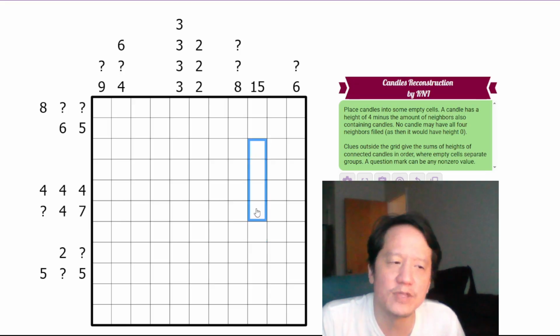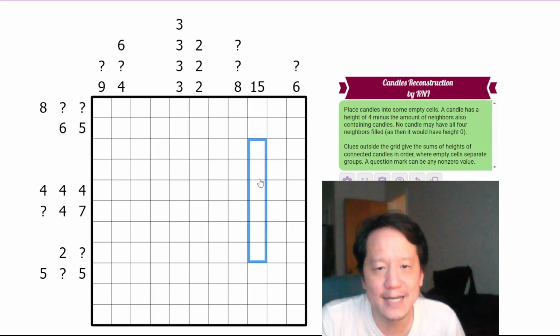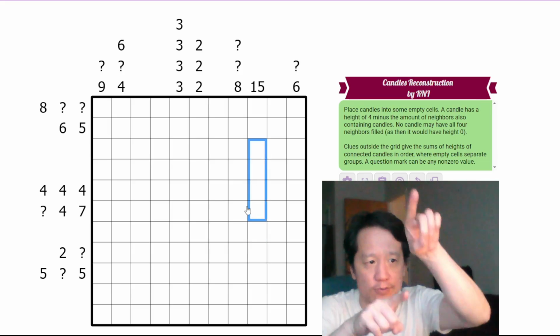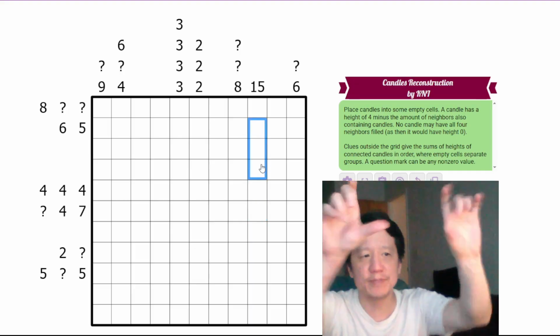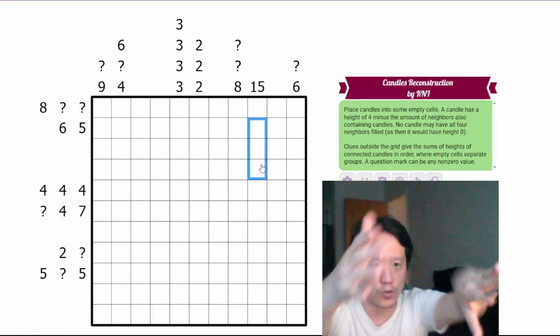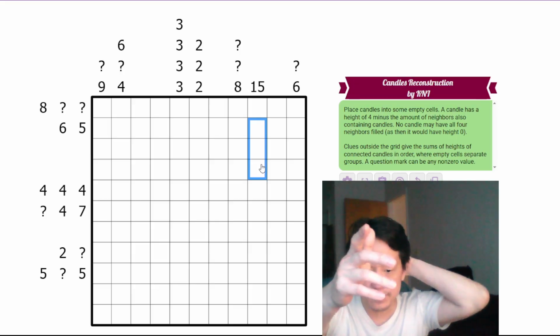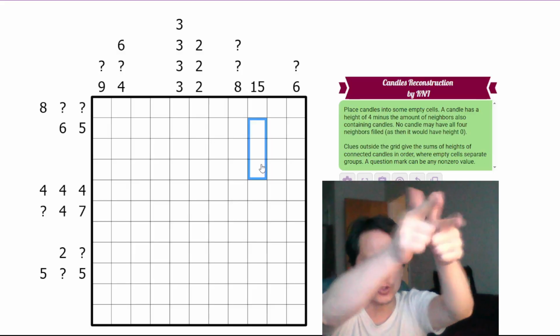Actually, it can't even be that. The ones inside have to be 2 at most, right? Because everyone inside is going to have at least 2 neighbors with candles. So then this has to be 3s potentially at the ends. So anything that's larger than 4 must have at most a 3 at the end and 2s in the middle.